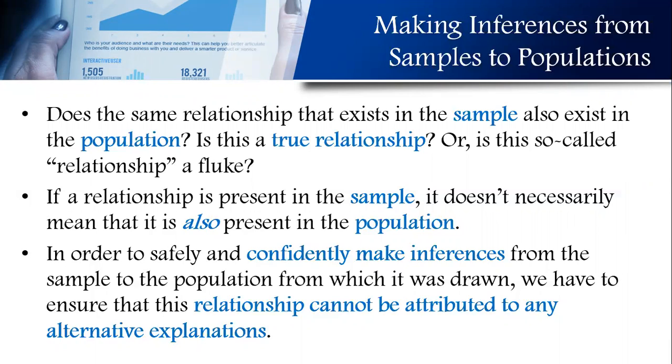If a relationship is present in the sample, it doesn't necessarily mean that it is also present in the population. In order to safely and confidently make inferences from the sample to the population from which it was drawn, we have to ensure that this relationship cannot be attributed to any alternative explanations.